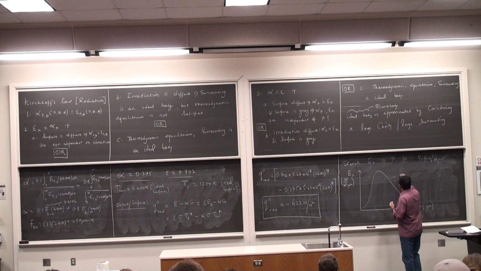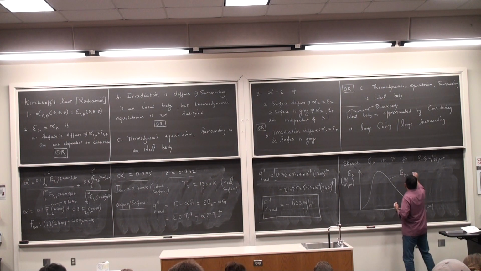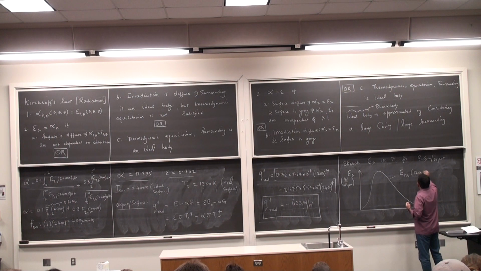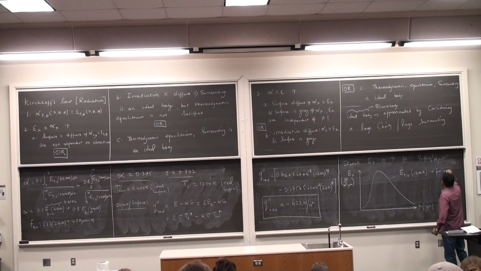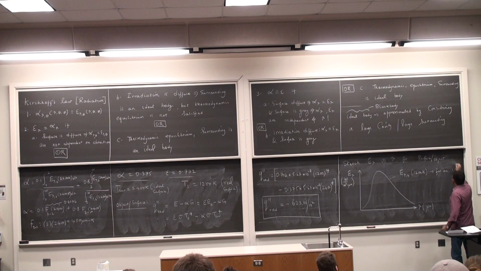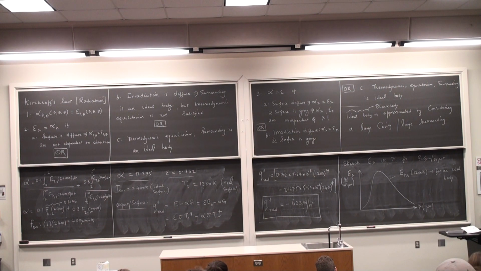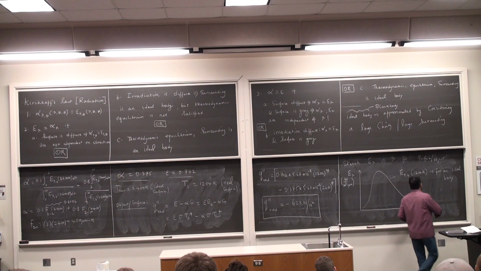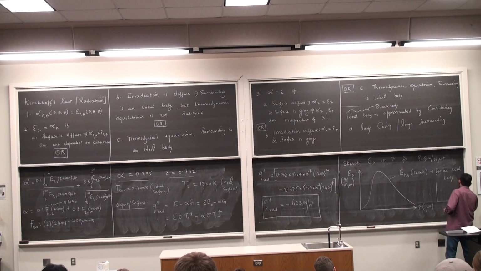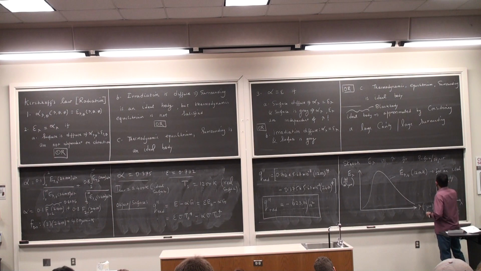So this is E lambda comma B at 1200 Kelvin for an ideal body. Keep in mind that the epsilon lambda versus lambda plot for us, I'm just going to sketch that very briefly here. This is lambda, epsilon lambda.